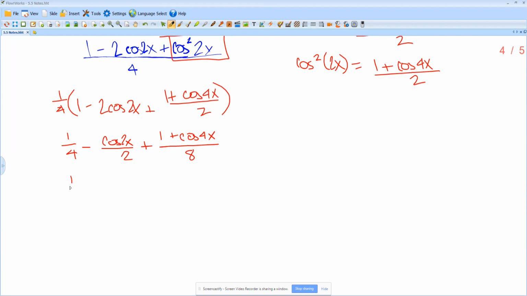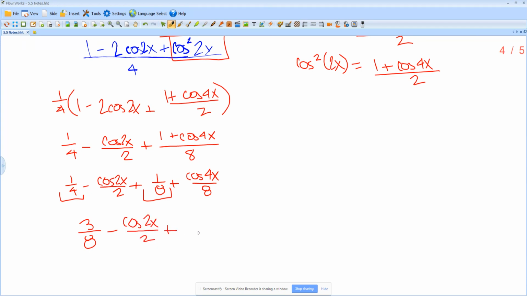So now this is 1/4 minus cosine 2x over 2 plus 1/8 plus cosine 4x over 8. And the 1/8 and 1/4 can be added together. So my final answer here would be 3/8 minus cosine 2x over 2 plus the cosine of 4x over 8.